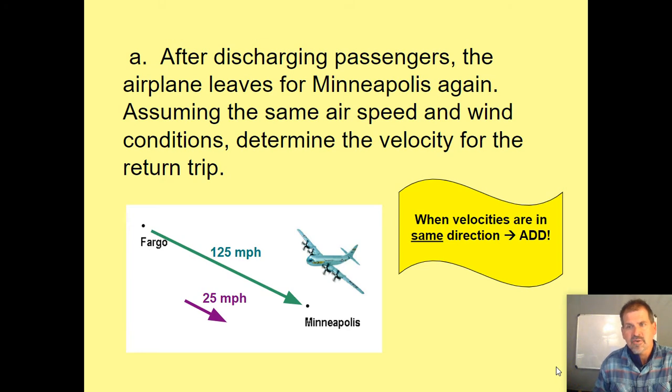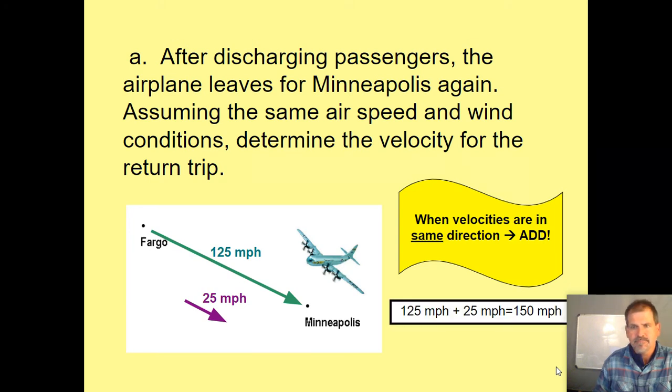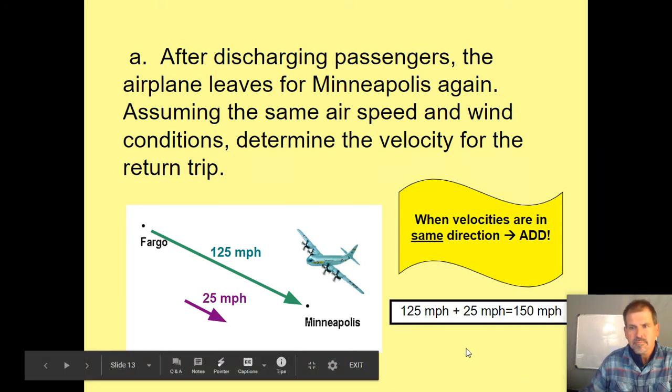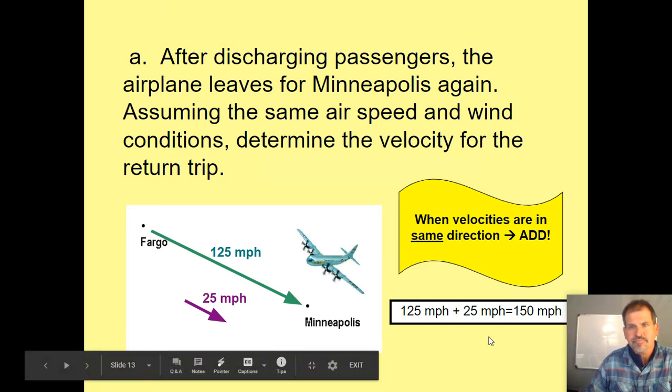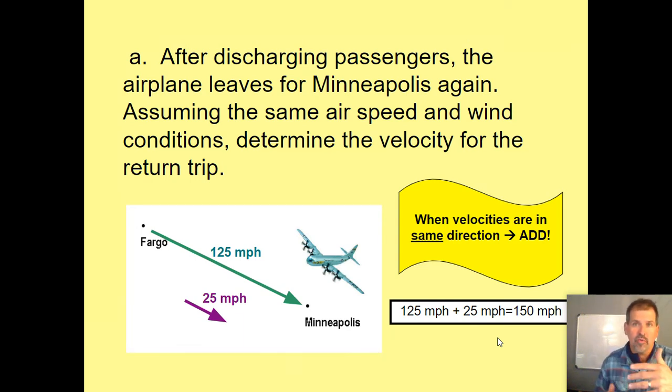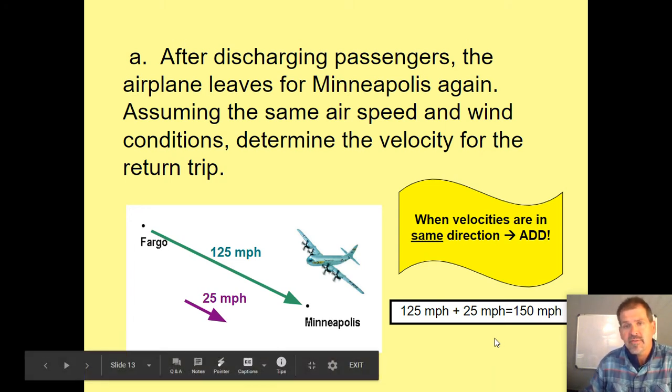When velocities are in the same direction, we add them. So again, there's our distance plus the added wind. And because we're told we're heading in a southeast direction, it's considered a velocity.